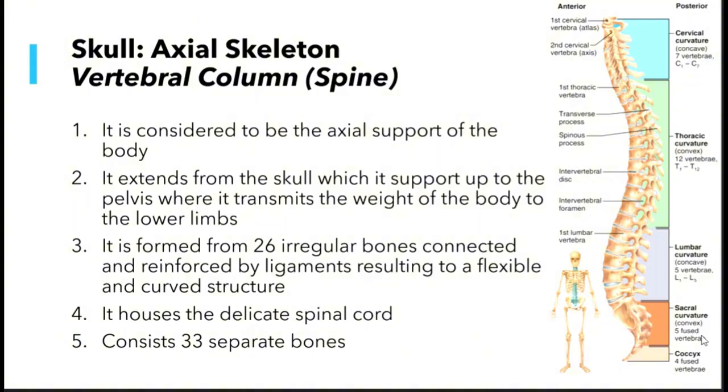So if you're going to look here, your sacral curvature or your sacrum is composed of 5 fused vertebrae, and then your coccyx is composed of 4 fused vertebrae. So your sacrum, this one is the construct that is inferior of the vertebrae. So the actual vertebrae is from C1 to L5.